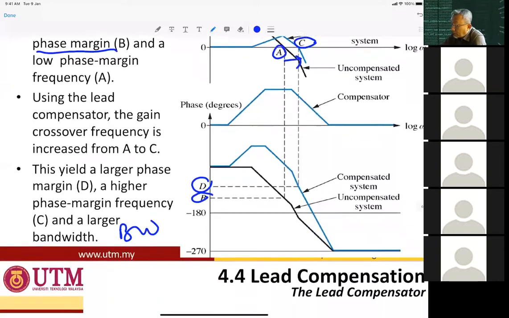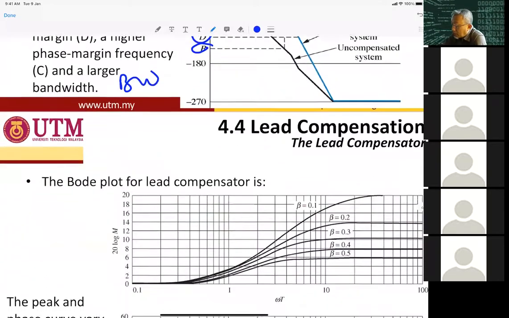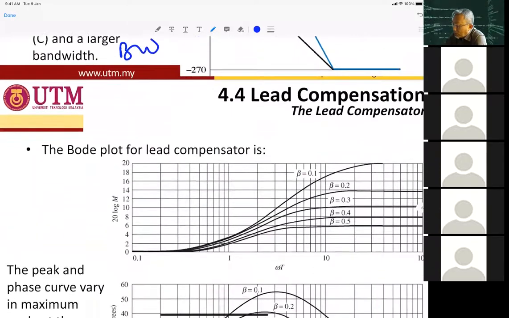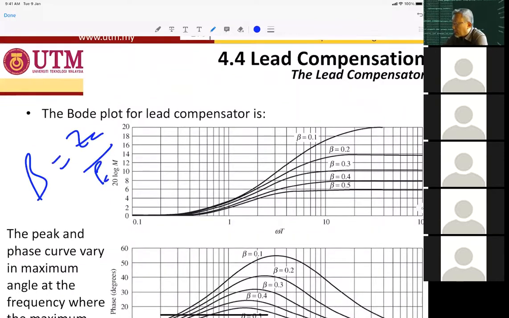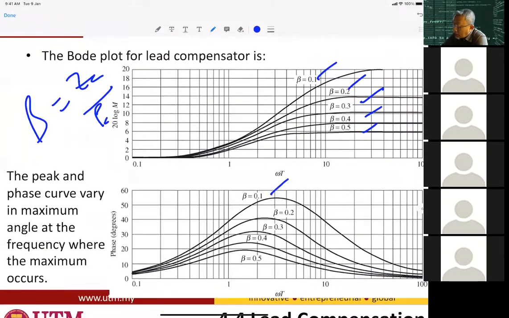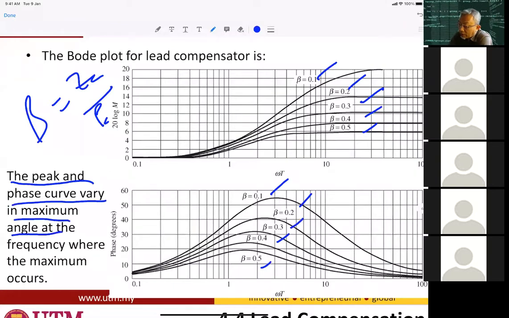This is the impact of the lead compensator. The Bode plot for the lead compensator depends on the beta value, where beta is equal to ZC divided by PC. The value varies from 0.1 to 0.5 for the gain and for the phase curve. The peak in the phase curve varies in maximum angle at the frequency where the maximum occurs.